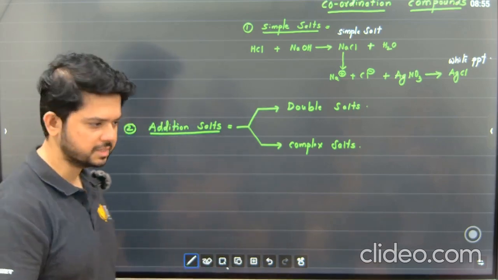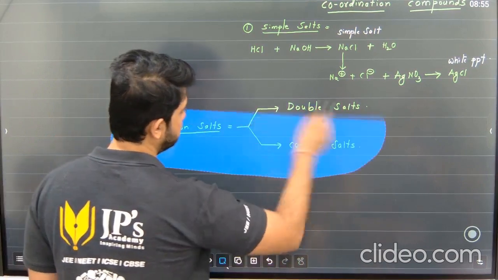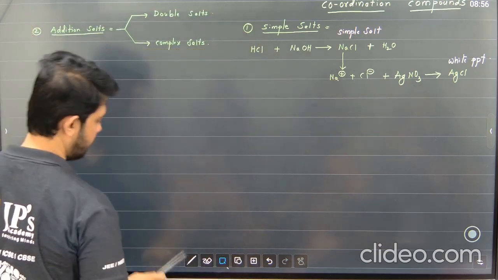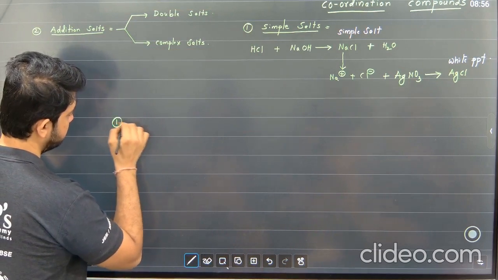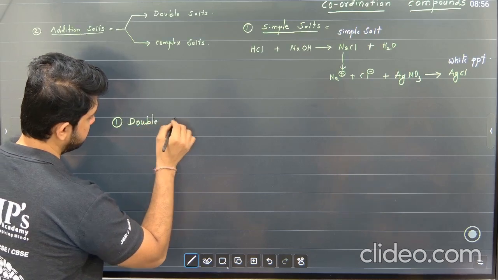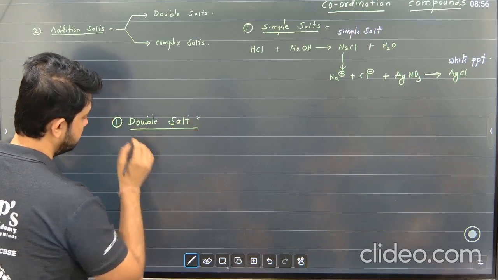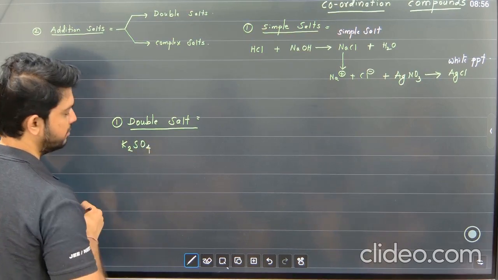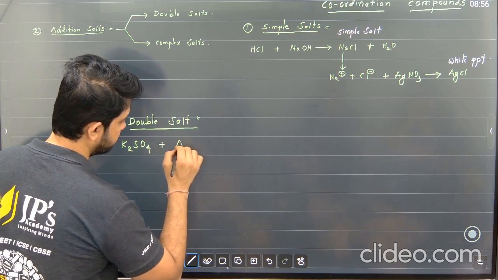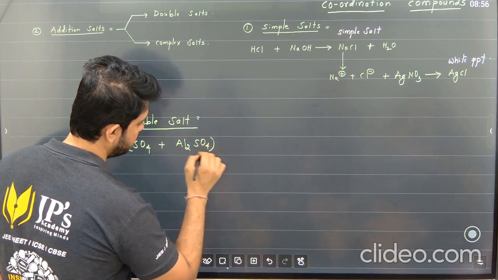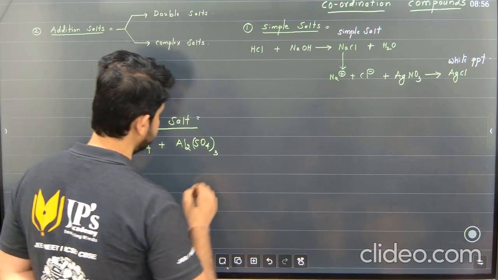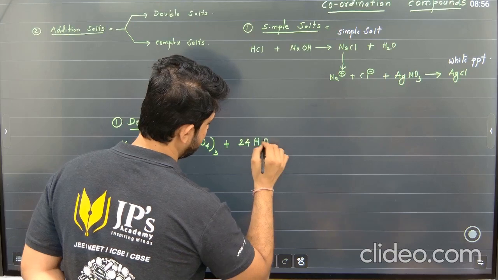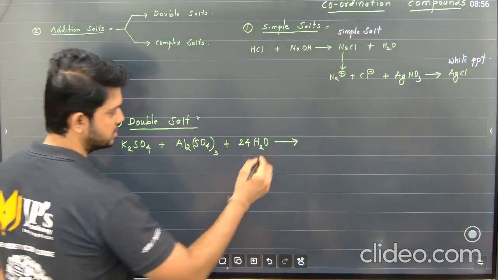Now what do you mean by double salts? You will have done double salts in 10th standard. For example, मेरे को ये कौन सा डबल सॉल्ट है बताओ. Let's say if I take K2SO4, Al2(SO4)3 and water, ठीक है, and I cool this.